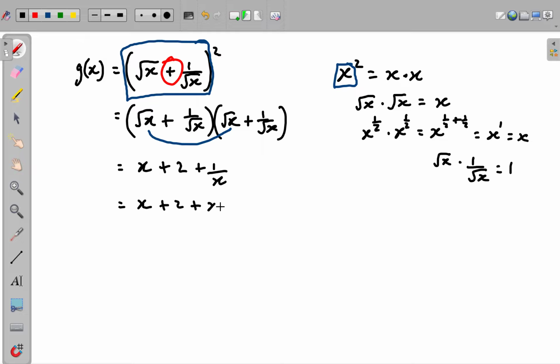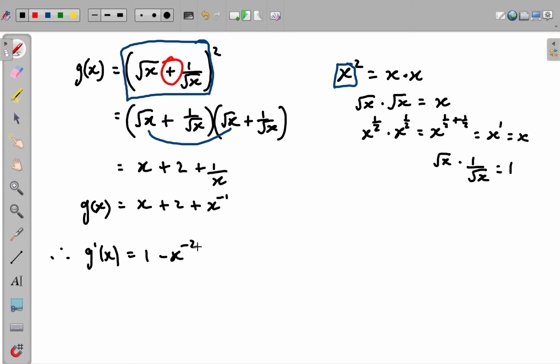So I'll write this as x to the negative 1. So this is what g of x is if I want to be able to differentiate it. Then finally, we can find the derivative, and the result will be 1 plus 0 minus x to the negative 2. So that will become the result.